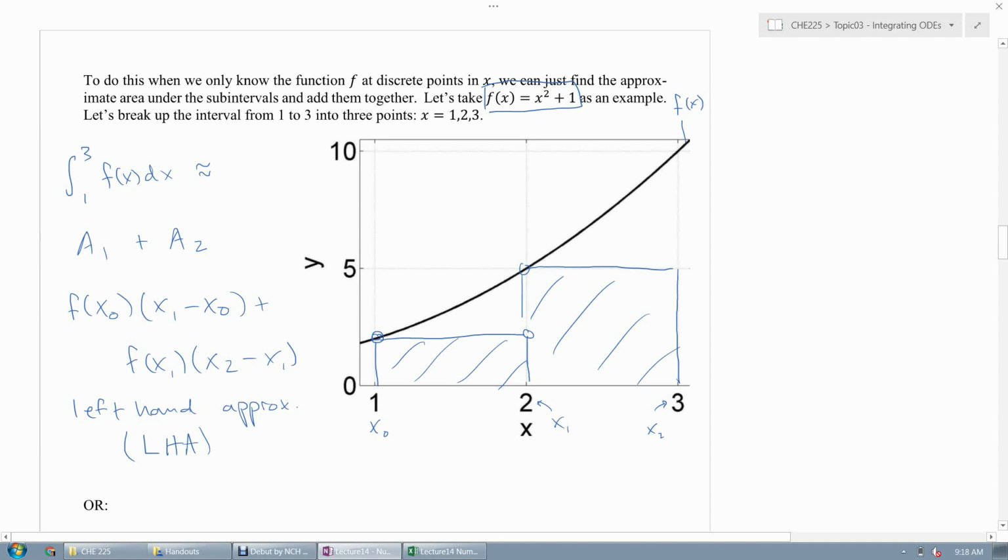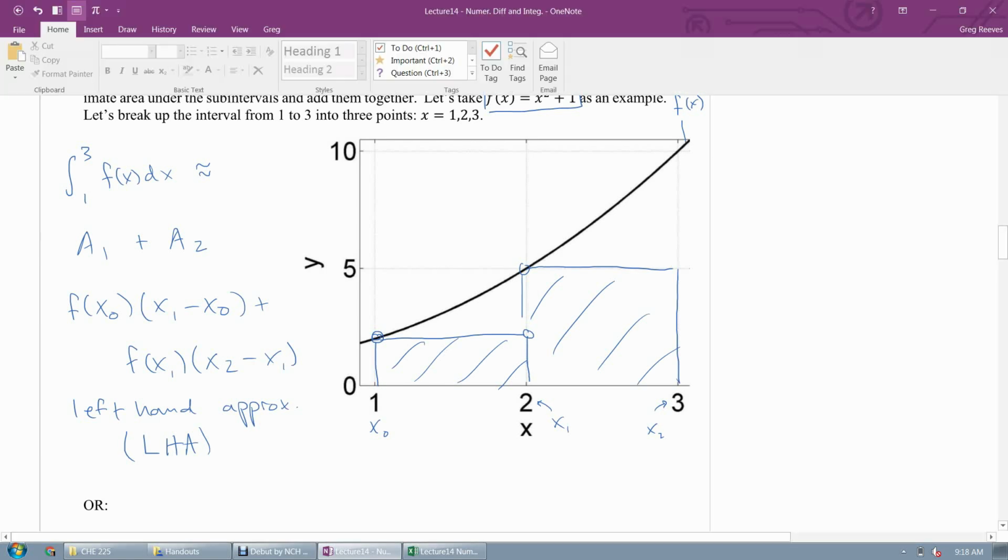And you can see that this formula is exactly what I have drawn here, because f of x0 is the height of the first rectangle times the distance between the two x's, x1 minus x0. So height times width of the rectangle gives you the area. And the second one, of course, you have the height, f of x1, times the width is the second area, which corresponds to the second term in our approximation.